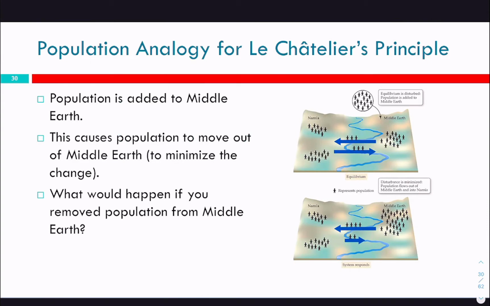So we had this analogy of Middle Earth and Narnia, and so everybody moved over to Middle Earth, and they had this equilibrium. So let's say that population is added to Middle Earth. Let's say, this will tell you how big of a nerd I am, and maybe this won't resonate with anybody, but Sauron raises a whole bunch of more Uruk-hai for his army.